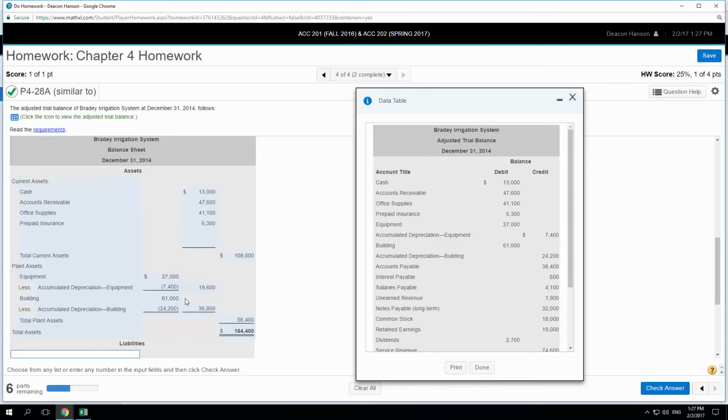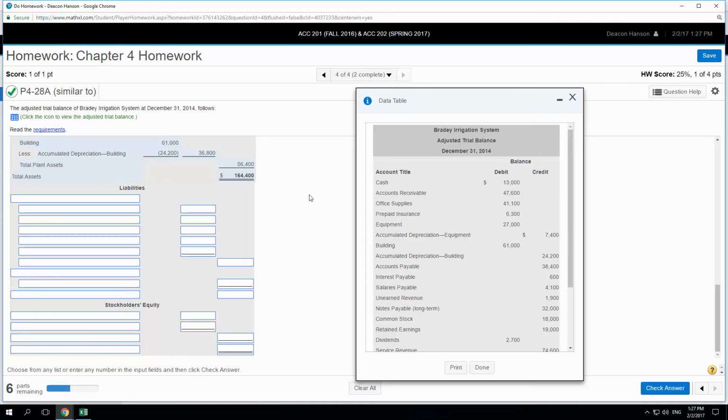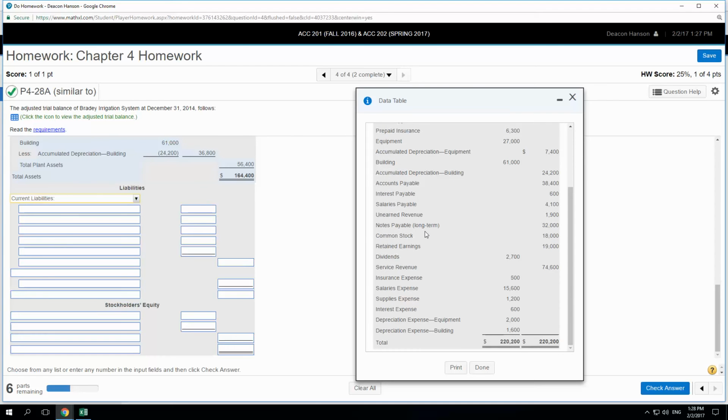Okay. Now we're going to do the liabilities and equity. So again, we have to do current liabilities. Our current liabilities are anything that we're going to pay off within one year. Okay. So when I scan down here, liabilities start with accounts payable.